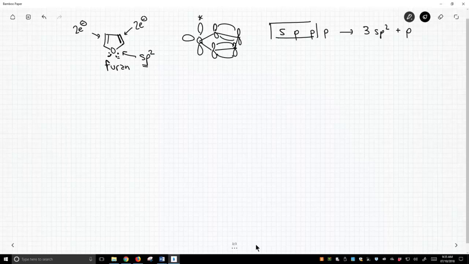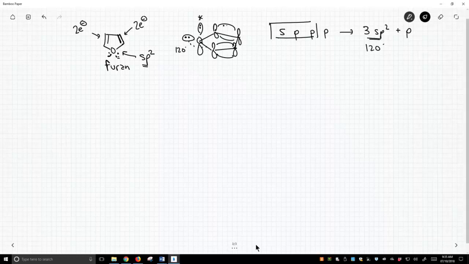Here is our leftover p orbital, and the remaining sp2 hybrids are going to have angles of approximately 120. So we're going to have a lone pair, and this angle between those 2 hybrids is not a bond angle because it's not 2 bonds, but between the 2 hybrids is about 120 degrees.